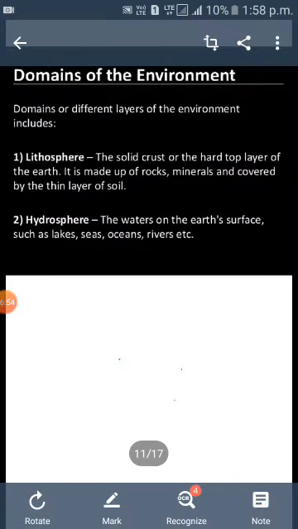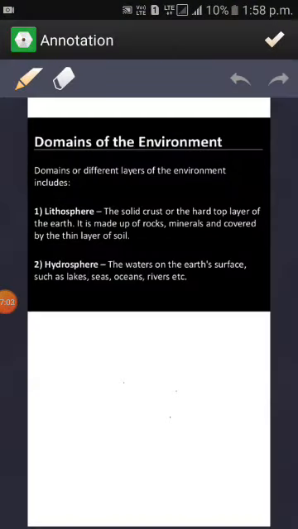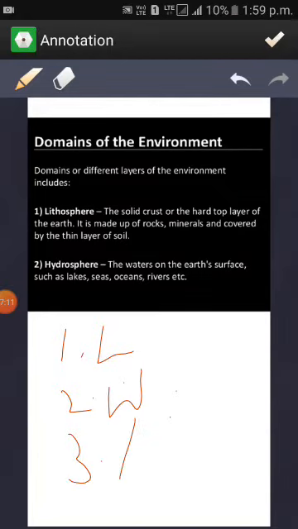Now we should know what the domains of the environment are. Domains of the environment include: number first, land; number second, water; number third, air; number fourth, living things.